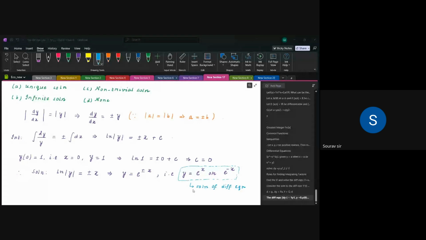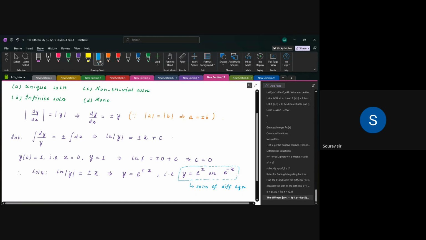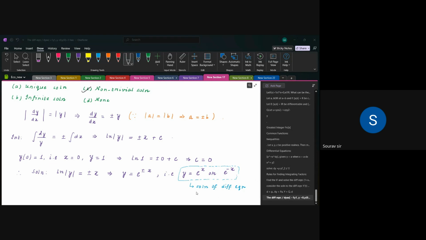Infinite basically means that an uncountable number of solutions are there. Non-trivial solution. Exactly. Okay, because unique solution means one answer, which is not the case. Infinite solution will mean an uncountable number of answers, which is not the case. You only have two possible answers. So the only option that will match with this situation is non-trivial solution, because you are getting non-zero values of y as your answer.